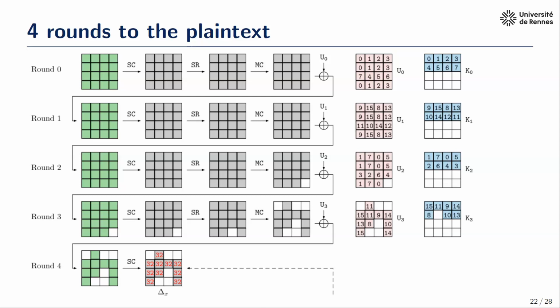But if you don't want to increase the time complexity, you have a procedure which is very similar to a classical differential attack, because you have the difference here, and you need to generate the possible values of the key material.